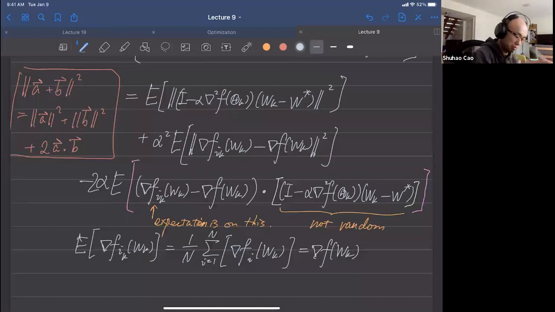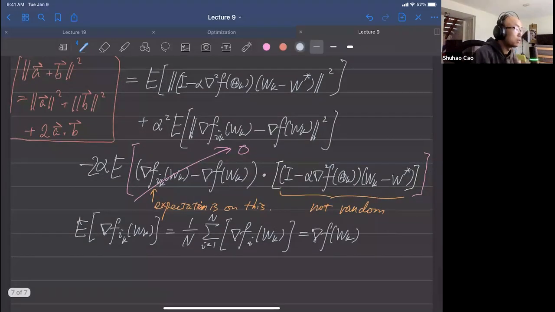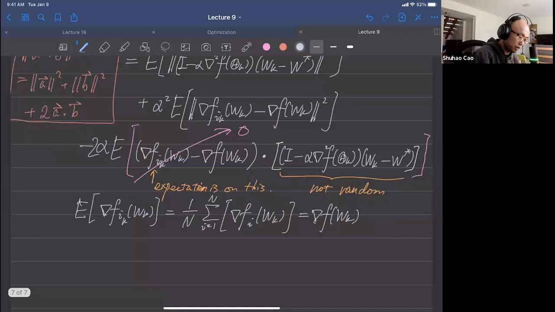So that's, which means, so this will become 0 when we take expectation. So the third term becomes 0, and we are only left with the 2 terms. Okay.